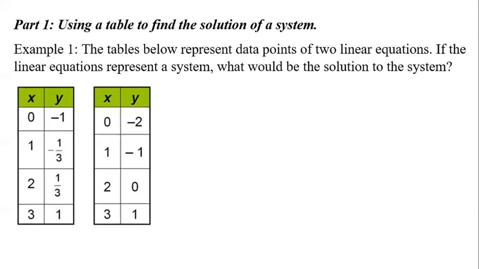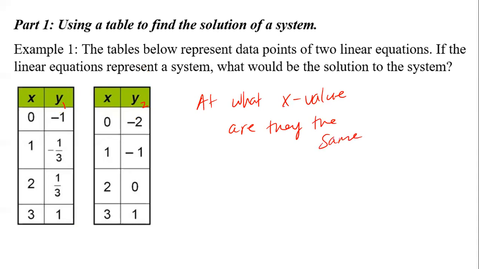If the linear equations represent a system, what would be the solution to the system? This is our y1, and this is our y2. When you're looking at a table, you're looking for at what x value they are the same. That's all you're doing.